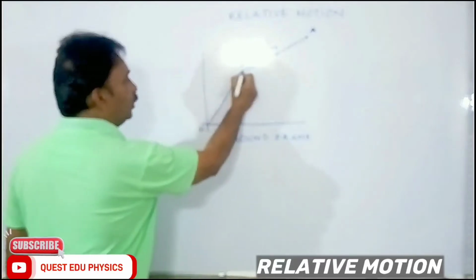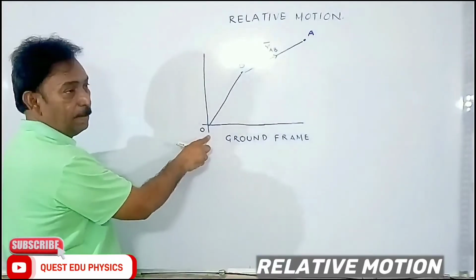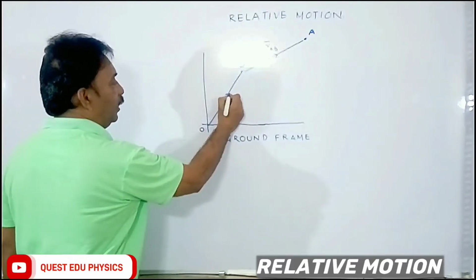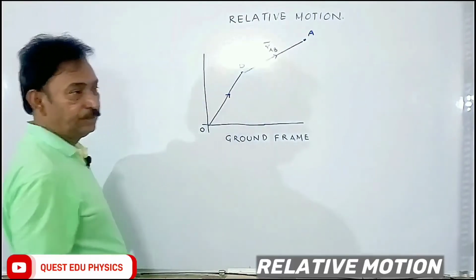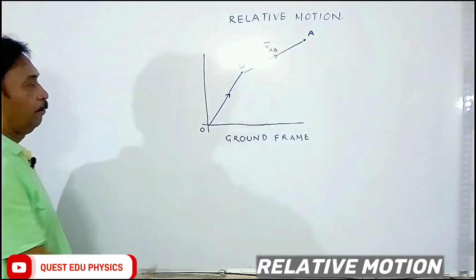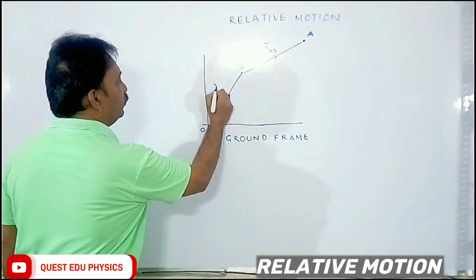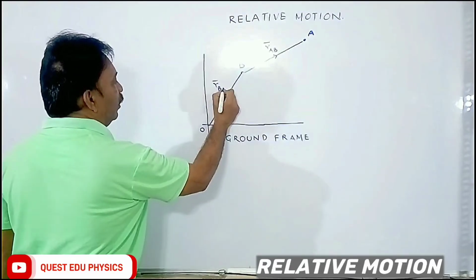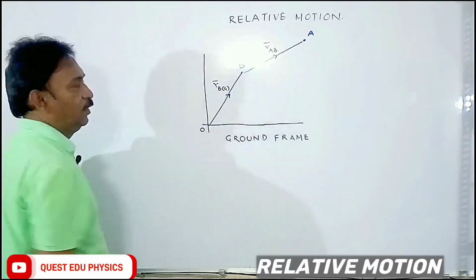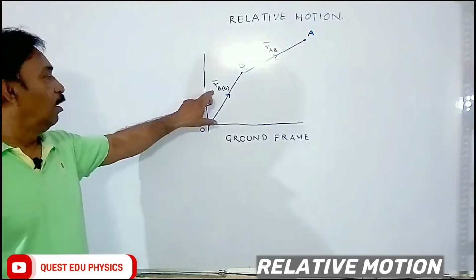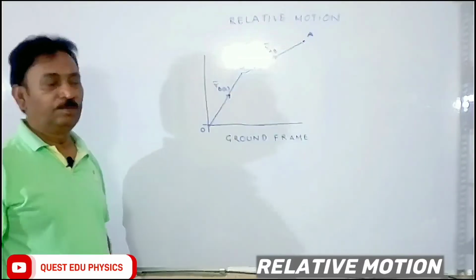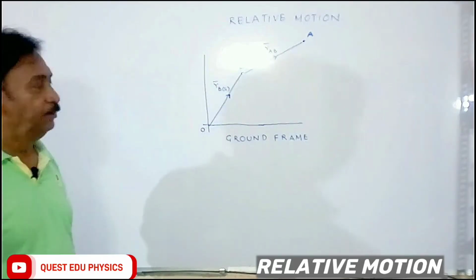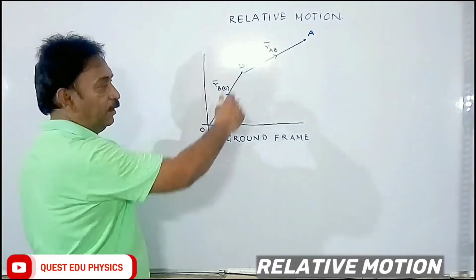It is the balloon which is observed by the observer at the ground frame and shown with a vector. I am writing it as R bar of BG, the position of B with respect to the ground, or observer you can say.